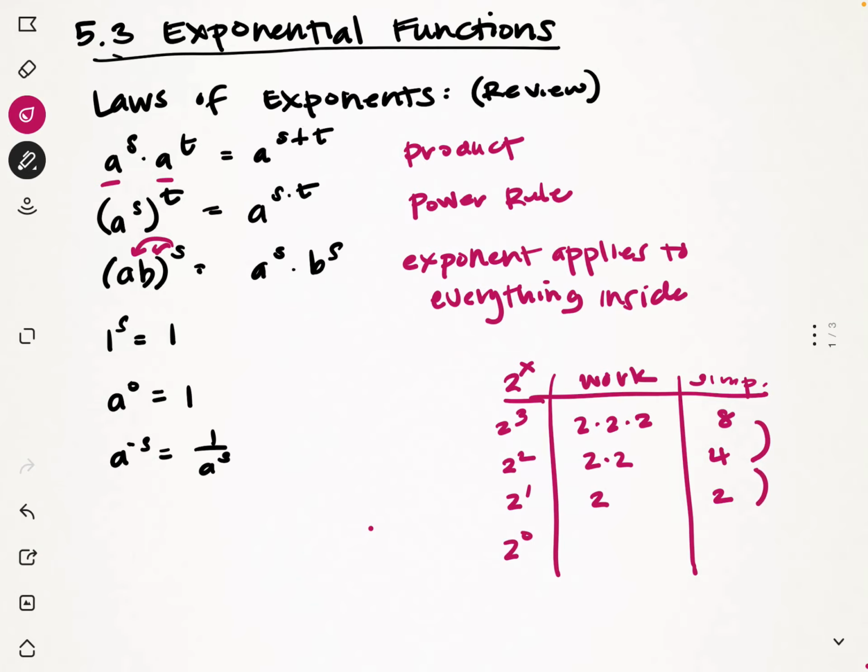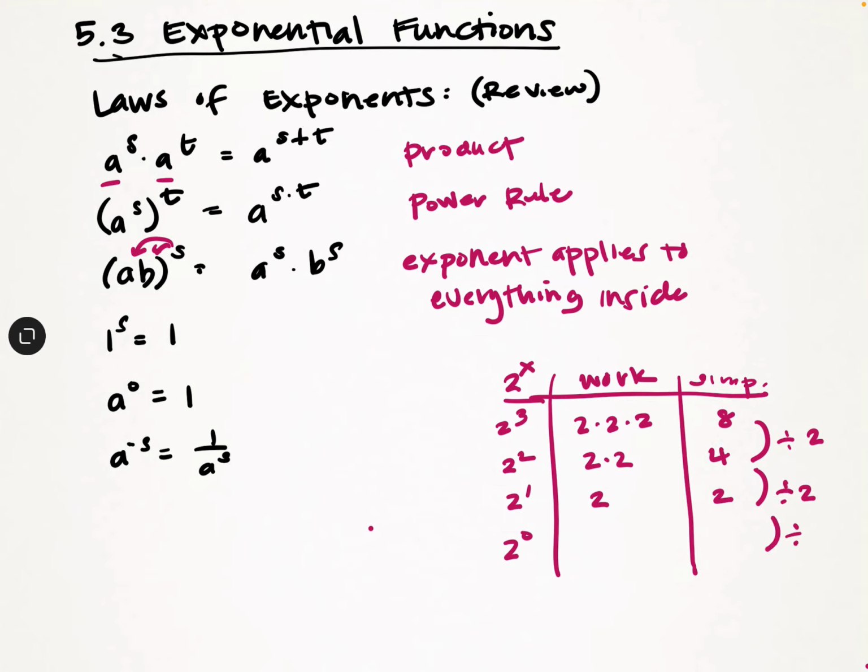What we're doing is dividing by 2. So if we follow this pattern, 2 to the 0, when we divide by 2, should be 1, right? 2 divided by 2 is 1.